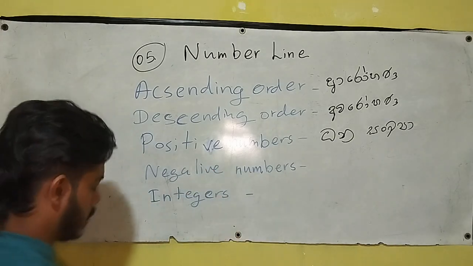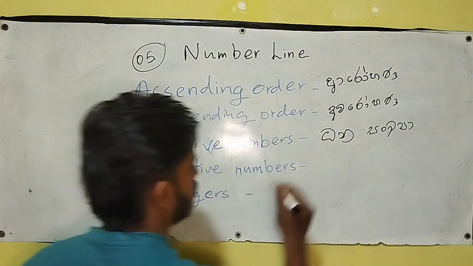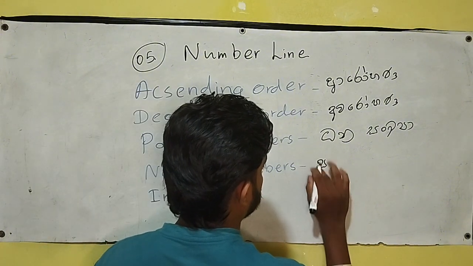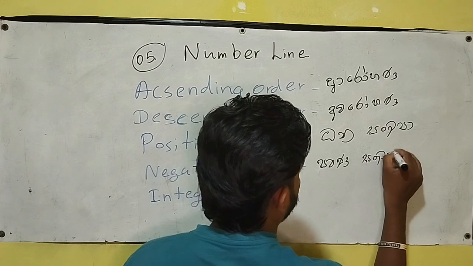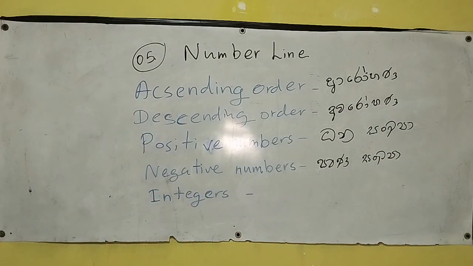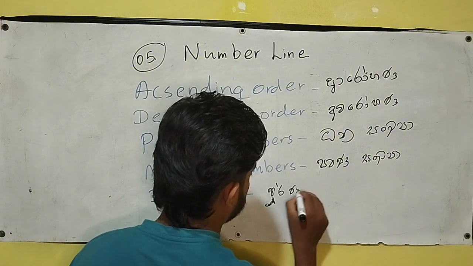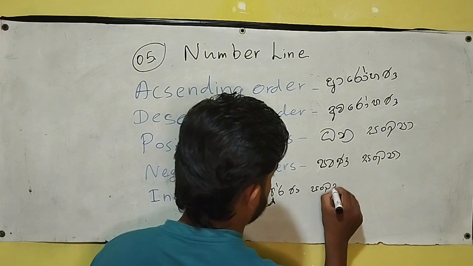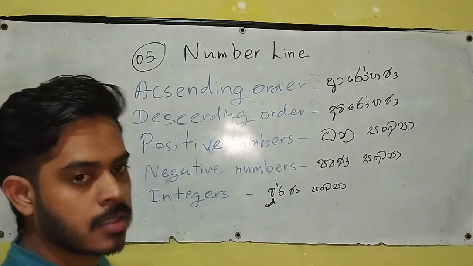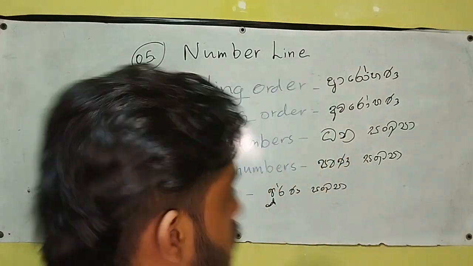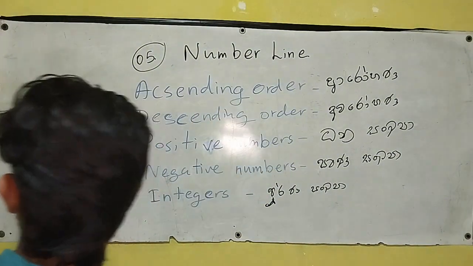Negative numbers, rina sankhya. Integers, purna sankhya. Okay, here these are the words. Remaining some words, pause the video and write down these.